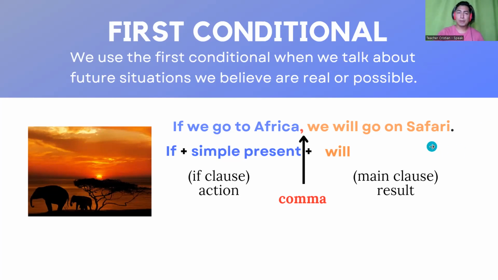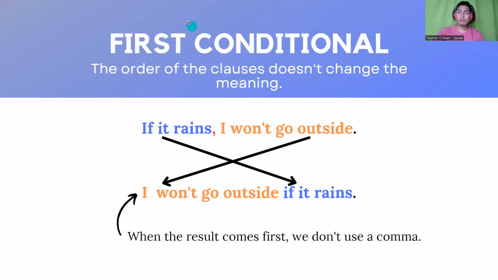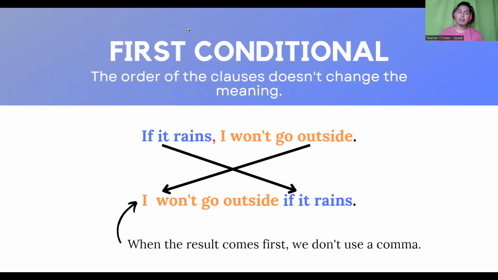Let's move on to the next part of the first conditional. We are talking about future situations that we believe are real or possible. The order of the clauses doesn't change the meaning. In these examples, we have the same idea in the two sentences, and both have the same meaning.